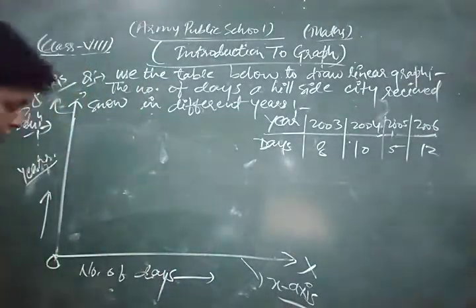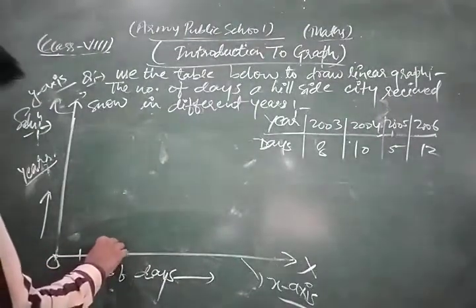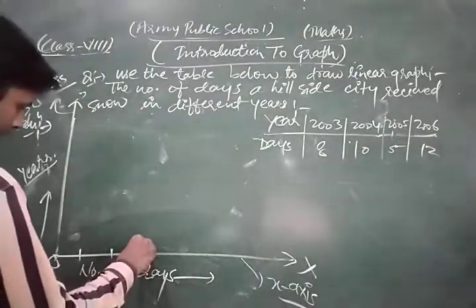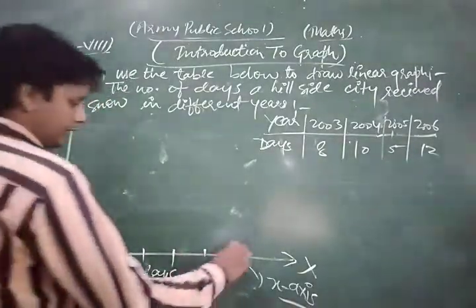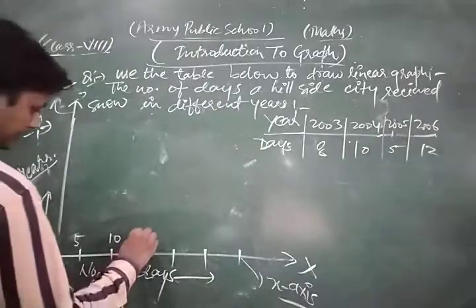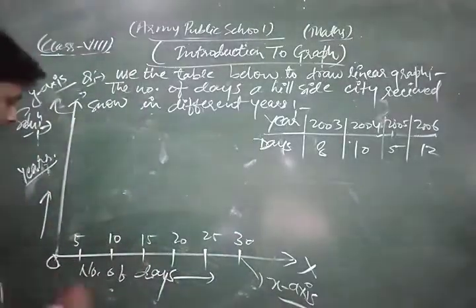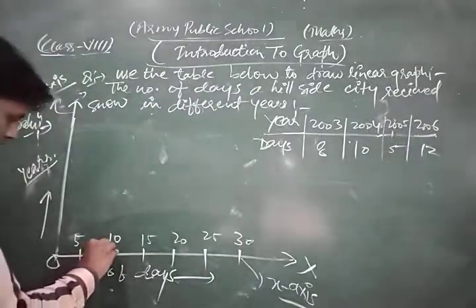Here this is the x-axis. Now we take a suitable scale: 5, 10, 15, 20, 25, 30. Here are 6, 7, 8, 9, 10.